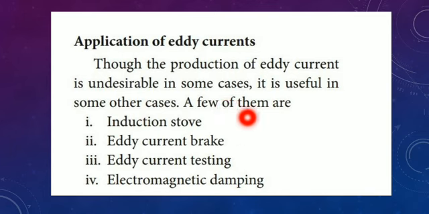Eddy currents are used in induction stoves, in eddy current brakes used in braking systems, in eddy current testing used for testing purposes, and in electromagnetic damping. So these are the four major areas of eddy current.